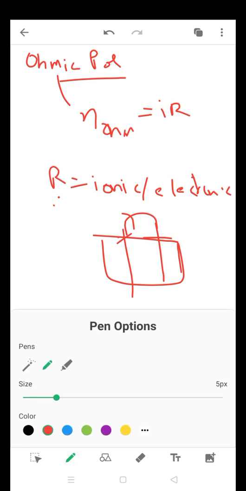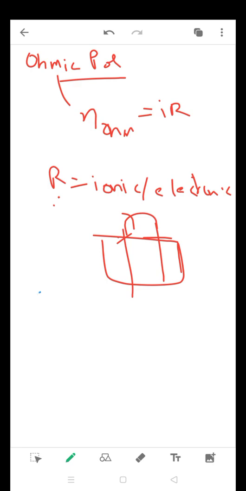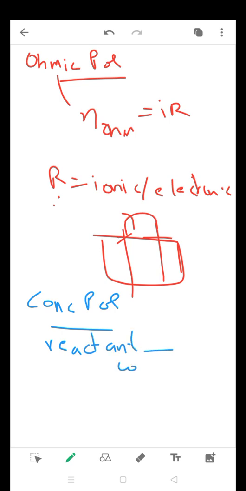And lastly, we have concentration polarization. This occurs as the reactant is consumed at the electrode. If the reactant used in the reaction gets consumed at the electrode, it causes a loss of potential due to the inability of the surrounding material to maintain the initial concentration.